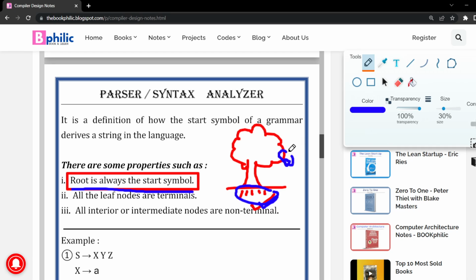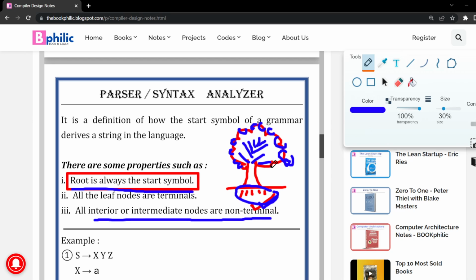So what is the leaf? This leaf, this leaf, whatever these leaves are, they are nothing but the end of the tree. That's why they are known as terminals. And all interior or intermediate nodes are non-terminals. That is, whatever is in between the root and the leaf is known as intermediate, or non-terminal, which is nothing but the stems, which can be derived further.